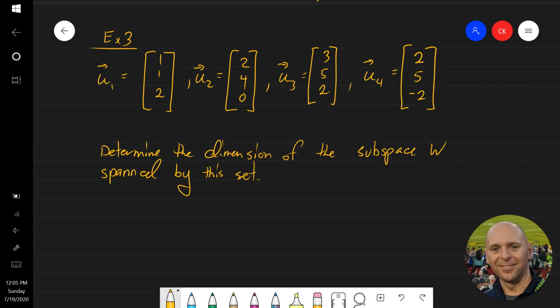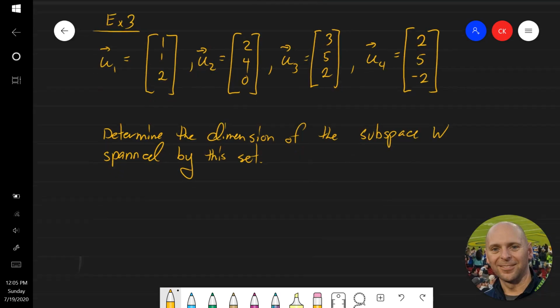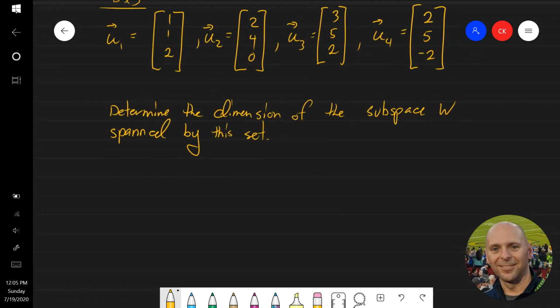That means we have to determine a basis for this subspace W, for the spanning set, which is really the same thing as asking for the range of the column space formed by these vectors if we were to throw them into a matrix. So that's what we do. We'll take all these vectors and put them into a matrix.